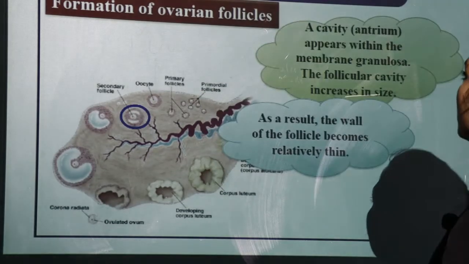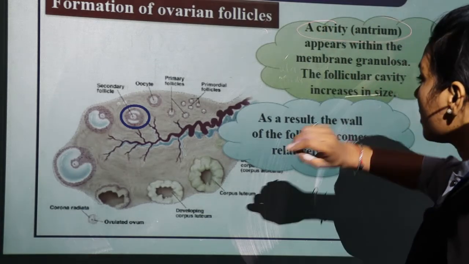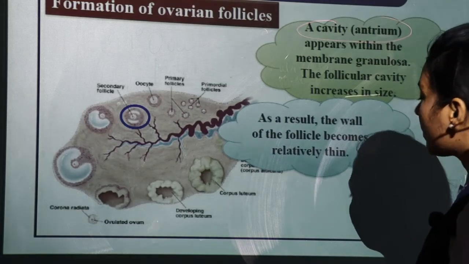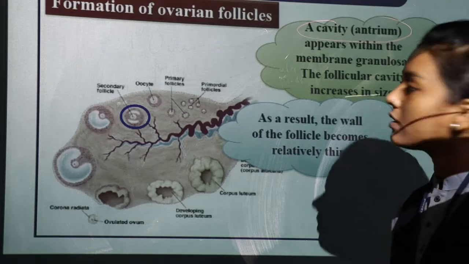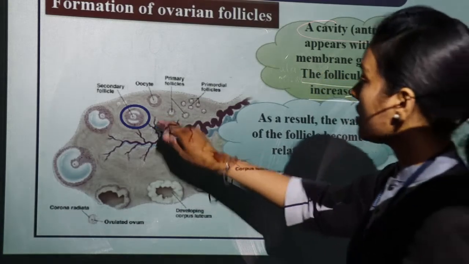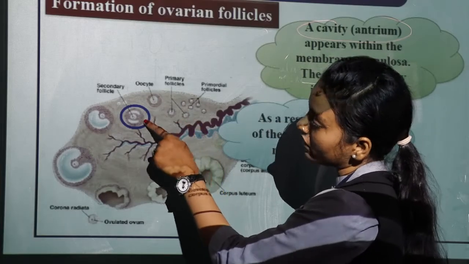When the primary follicle formation takes place, a cavity named antrum appears within the membrane of granulosa, and that follicular cavity will increase in size. You can see here this size is small and the sizes are increasing.